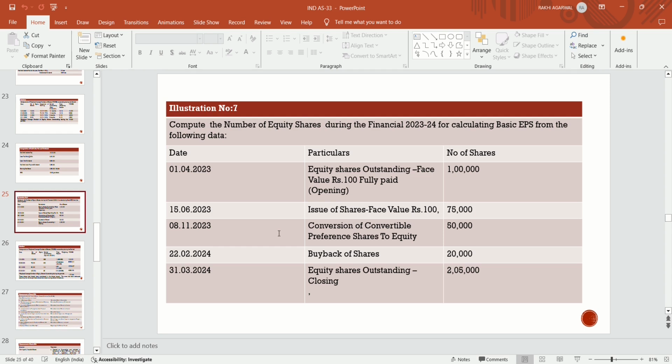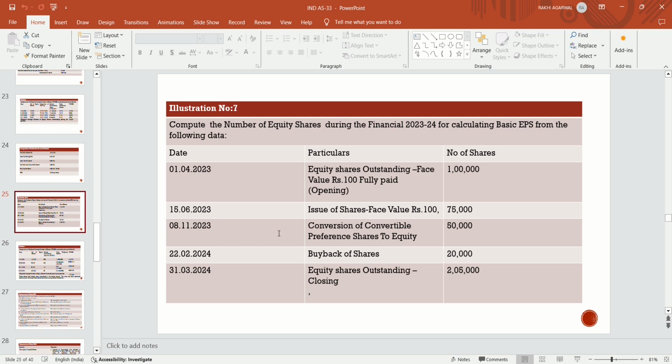It is a fractional date. That's why we are computing with the help of the number of days. If the dates are like 22nd December, 8th January, then we will calculate the weighted average number of shares by taking the number of days calculation.